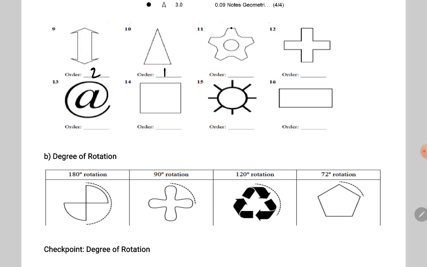Here, if I spin it over here, it'll land here, here, here, here, here. So that's order 5. This is order 4. This @ symbol is order 1, only 360 degrees. 2 for this rectangle. If it was a square, then it would be 4.